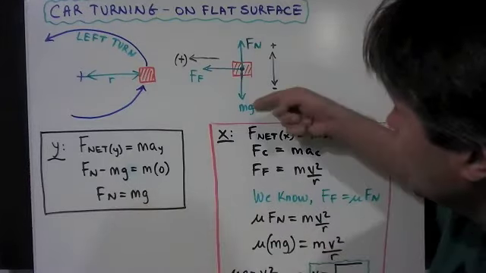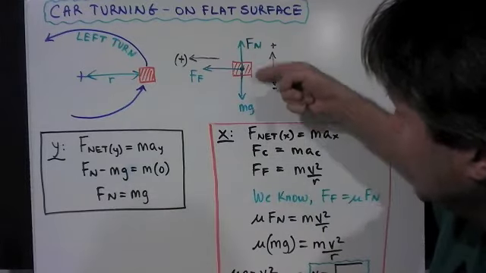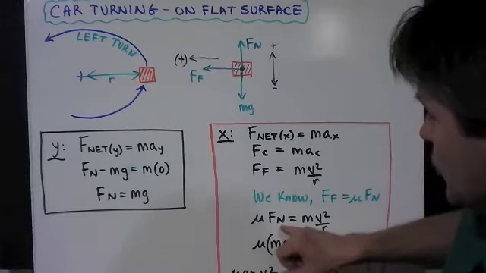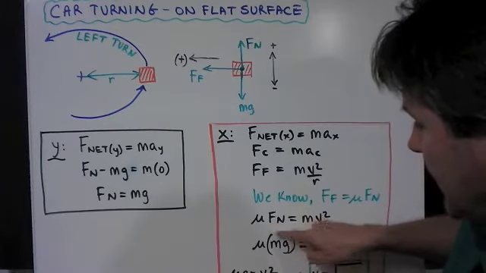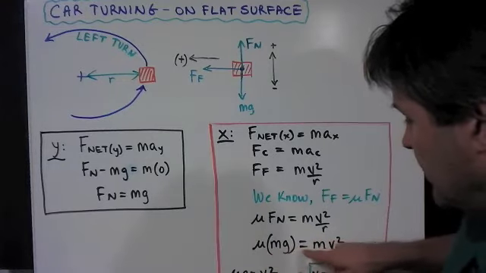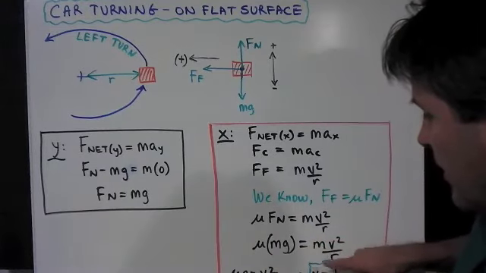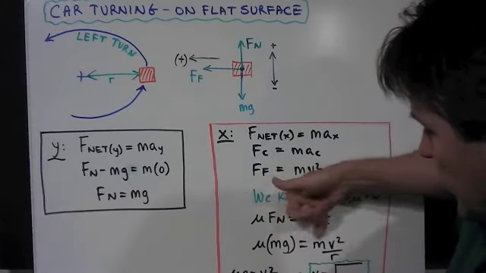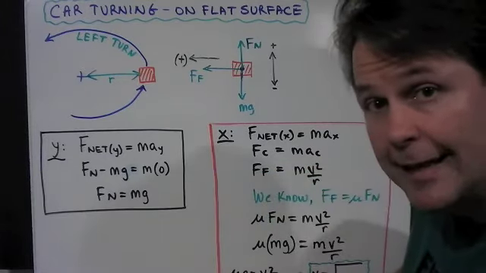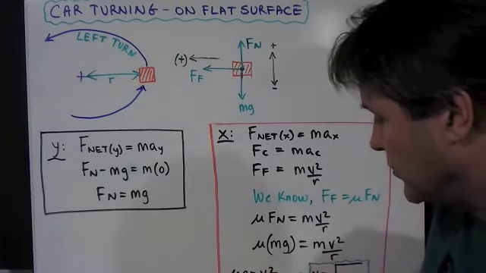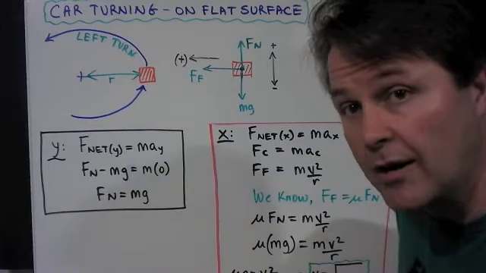We see that in the free body diagram, that Fn is just equal to the gravity acting on the object. So we can substitute the Fn with mg. So now we have mu mg is equal to mv squared divided by r. And as you can see, we have m on either side of the equation, so we can cancel that. And we'll end up with mu g is equal to v squared divided by r.